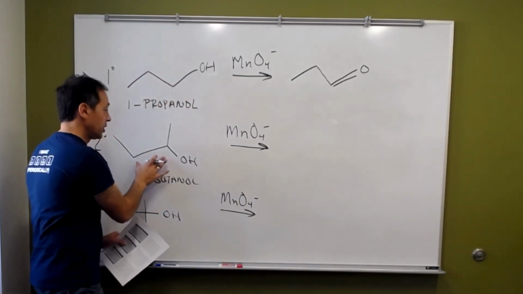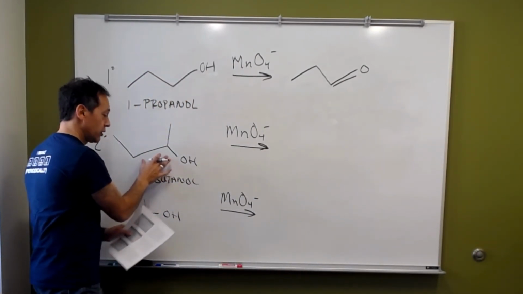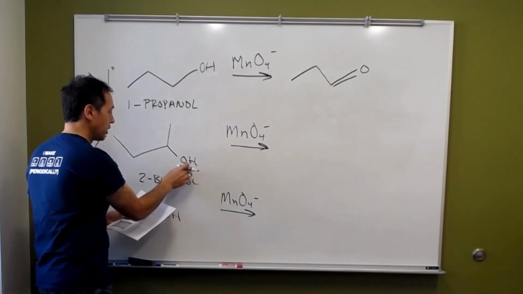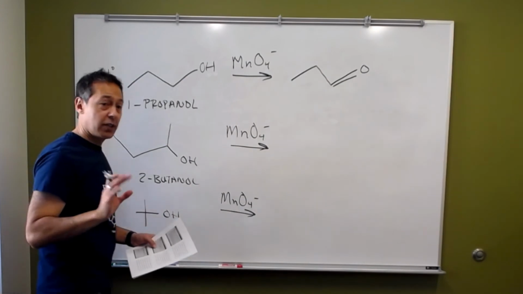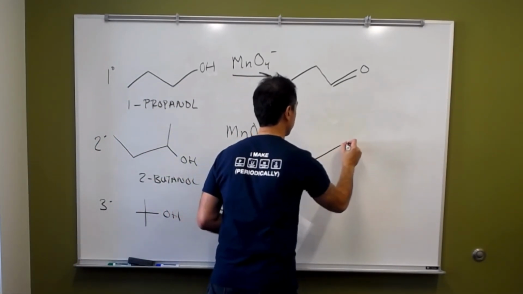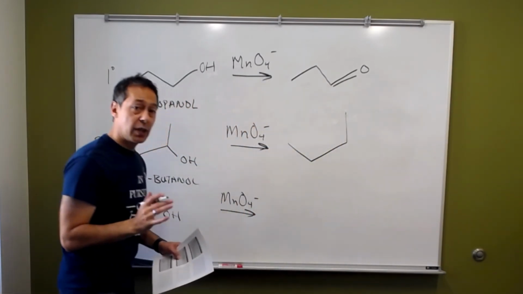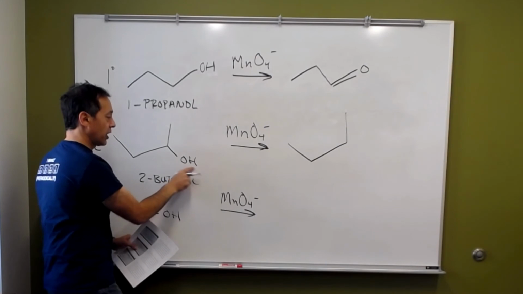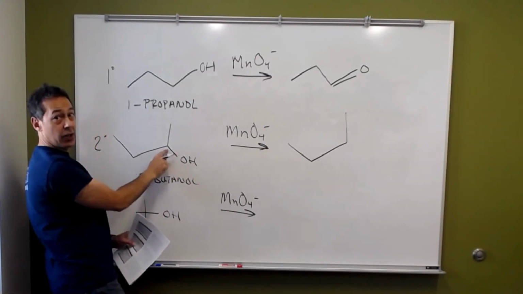Now that's going to be a little bit different with this one here. With this one here, we're going to end up removing the hydrogen, but we're going to end up with the double bond in a little bit different spot. So now instead of the double bond oxygen being on the end like we saw here, notice that this hydroxyl group here is on a secondary carbon.